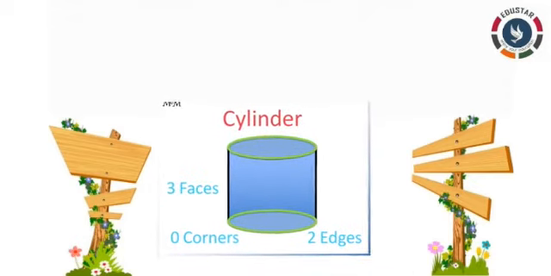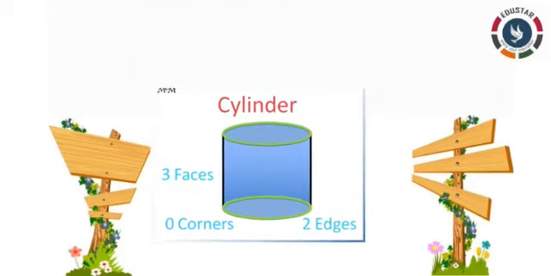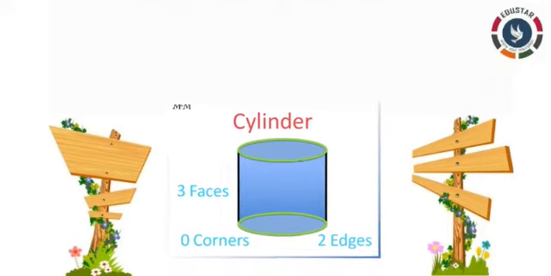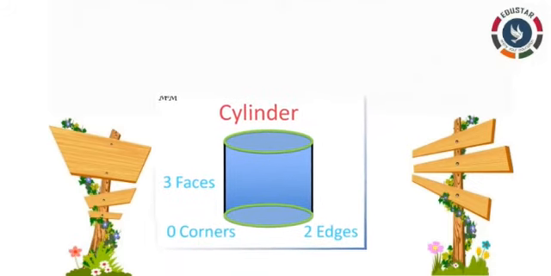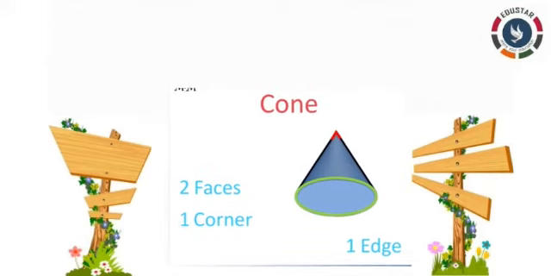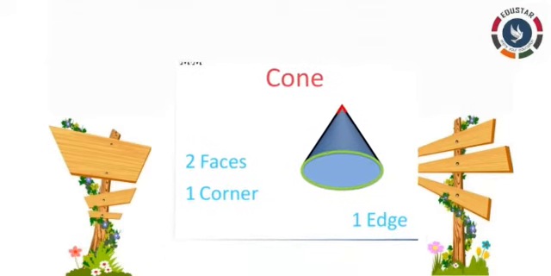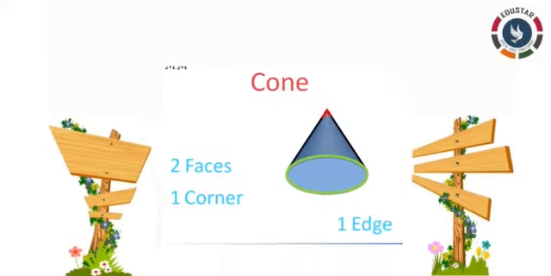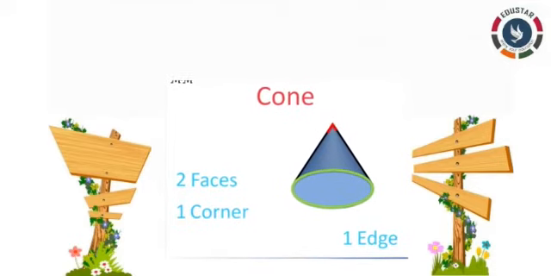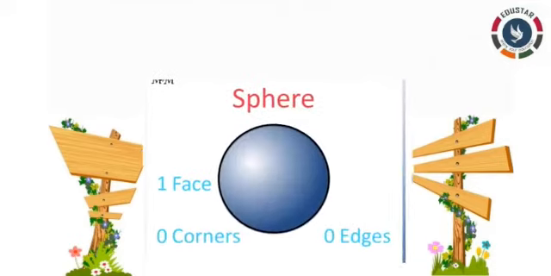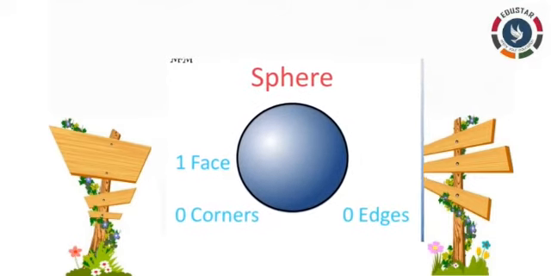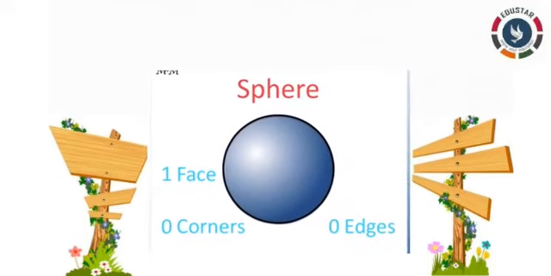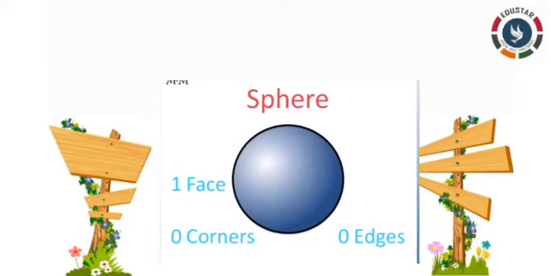Cylinder has 2 flat faces, 1 curved face, 2 edges, and no corners. Cone has 1 flat face, 1 curved face, 1 edge, and 1 corner. Sphere has no flat faces, 1 curved face, no edges, and no corners.